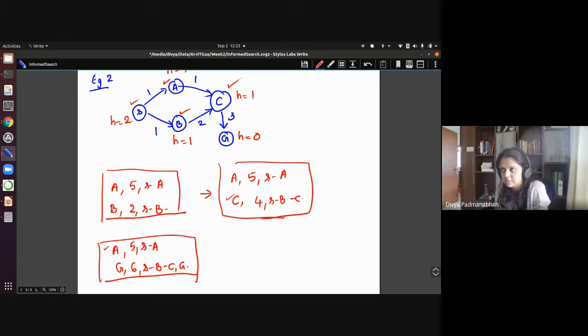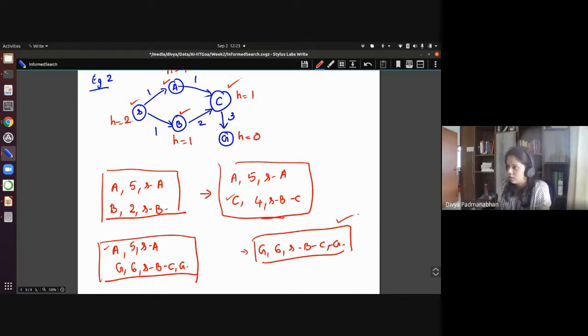There is a neighbor which is C, but it was already visited, so you're not going to push C into the queue. So what the queue had was just S, B, C, G. You pop this, and G gets visited. You incorrectly get this path S, B, C, G, whereas there was a shorter path 3, 4, 5. You got a path of length 6, but actually there was a shorter path.